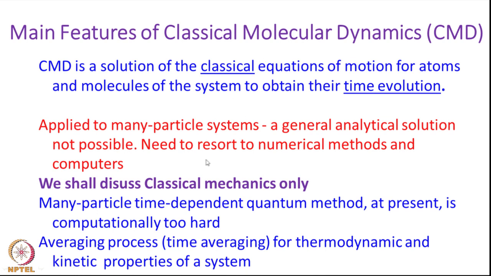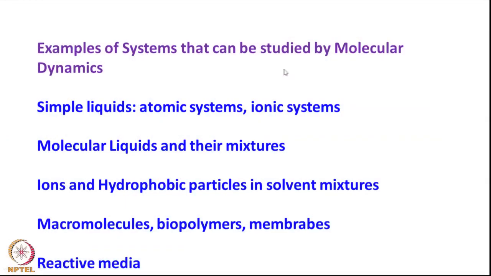Before I conclude, let me give you examples of systems that can be studied using molecular dynamics. One set is simple liquids, atomic systems, ionic systems, molecular liquids and their mixtures, ions and hydrophobic particles in solvent mixtures, macromolecules, biopolymers, membranes, reactive media. All these systems can be studied using molecular dynamics.